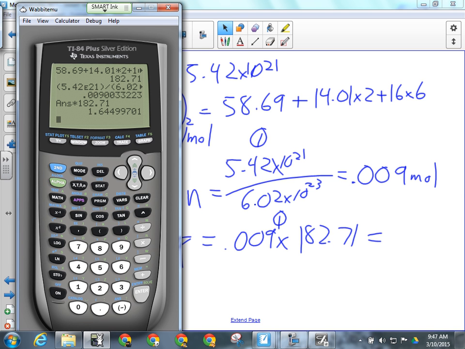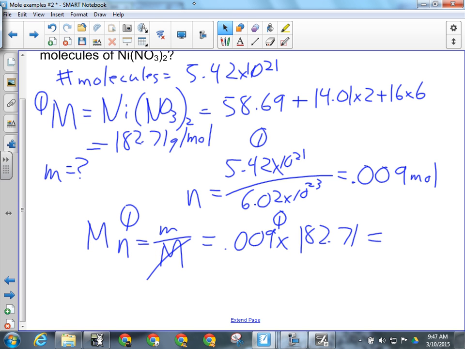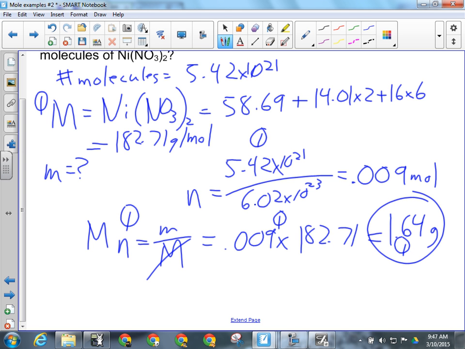We have 1.64 grams of this. Fifth mark. That one's the most involved, with the most steps to do.